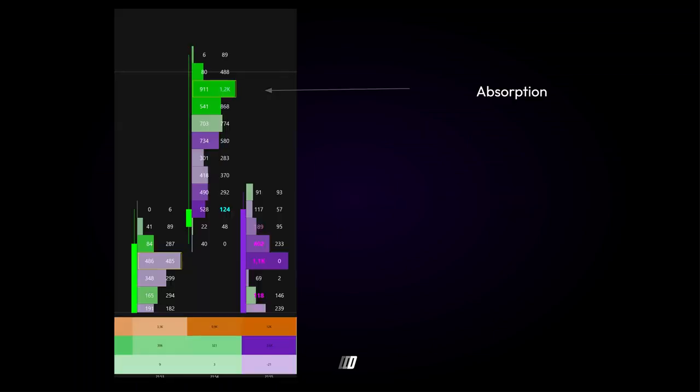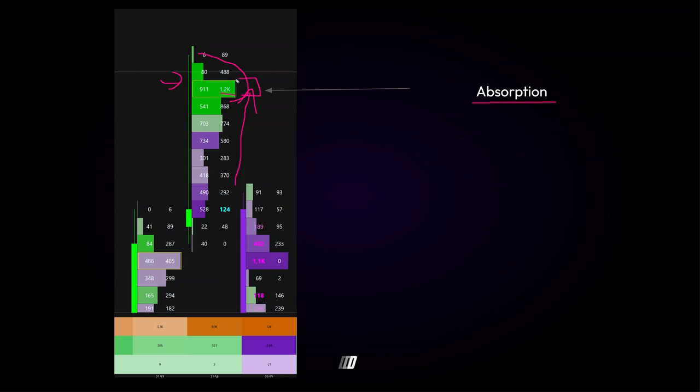So we define an absorption as a lot of activity, in this case buying, that does not have a clear result in price. So you see these big volume areas, a lot of color, a lot of imbalance. That's called an absorption.